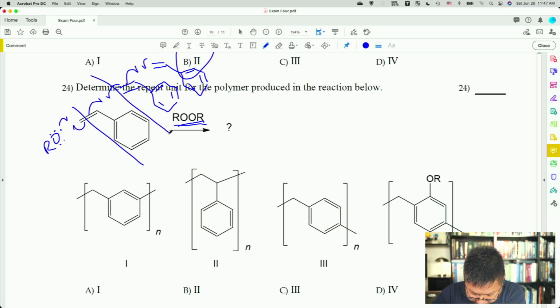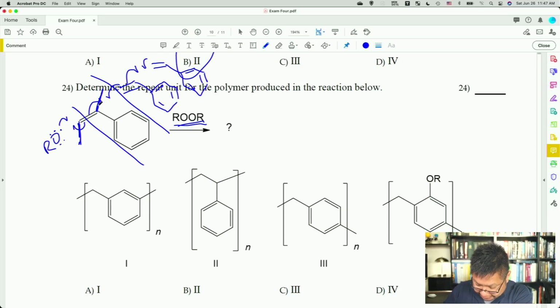But with a single bond, because you lost your double bond when you attached over here with a radical, and you also lost your double bond when you attached on this side with a radical.